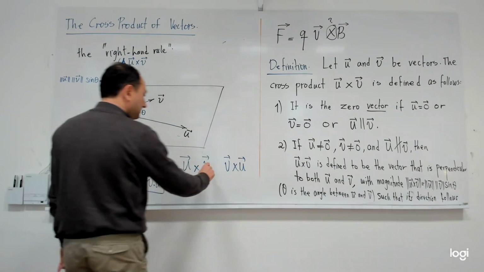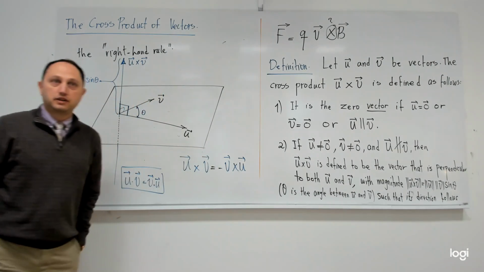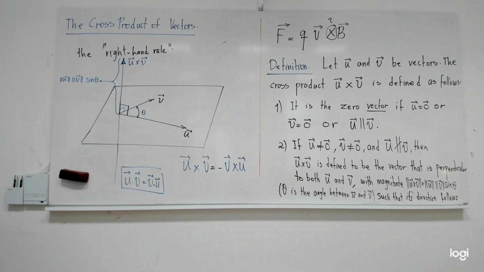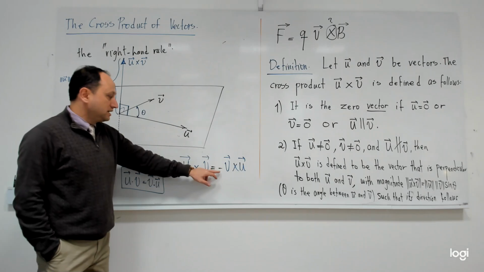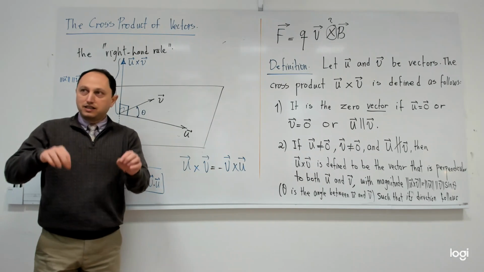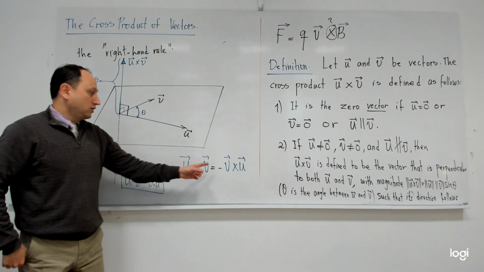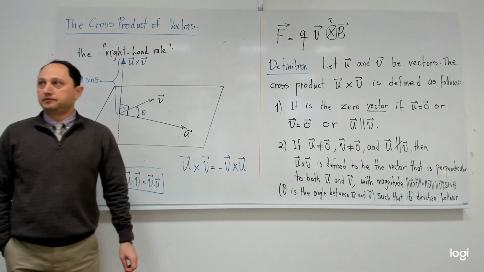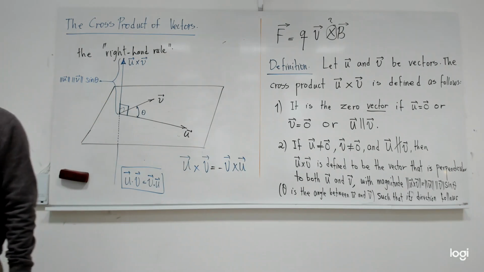So this is negative. So is that clear? This operation is called anti-commutative. So it means that if you interchange, you have to have a minus sign there. Is that understandable? Yes or no?